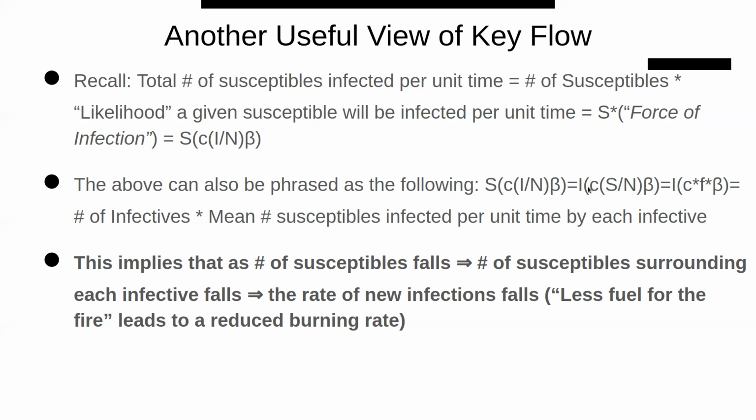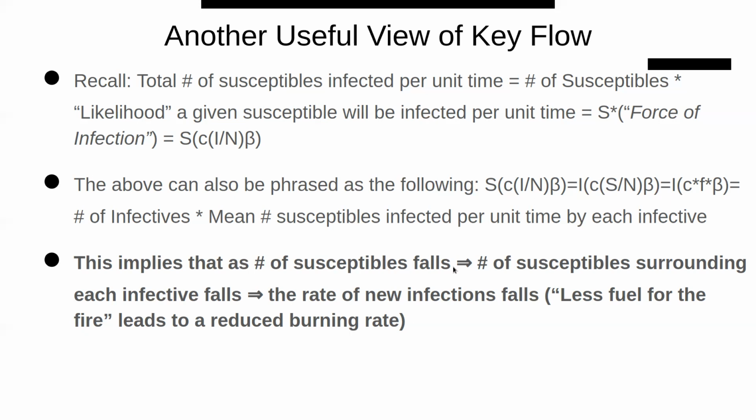And that's a particularly useful lens in understanding the dynamics, because what it shows us is the absolutely central position associated with the fraction of people that are susceptible, S over N.